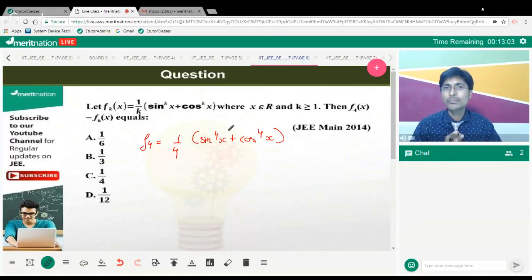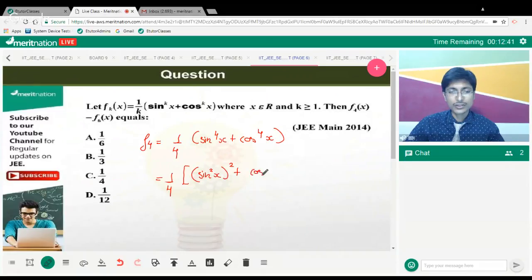So try to make use of the identity whenever you find an expression in terms of squares or even powers. I can write it like this: sine square x whole square plus cos square x whole square.